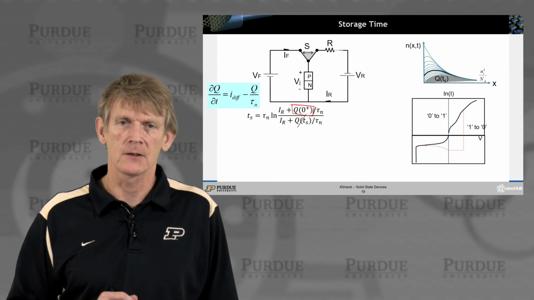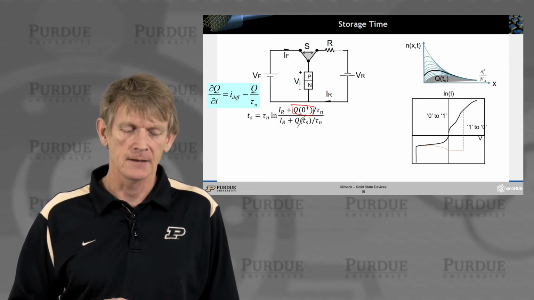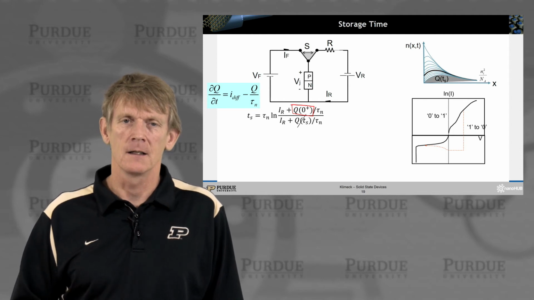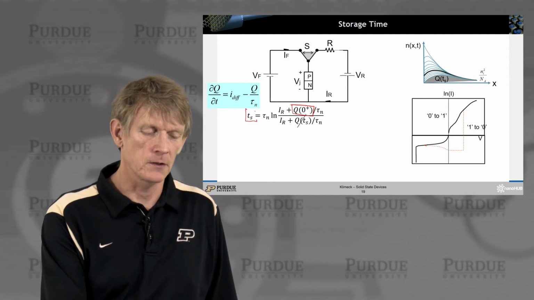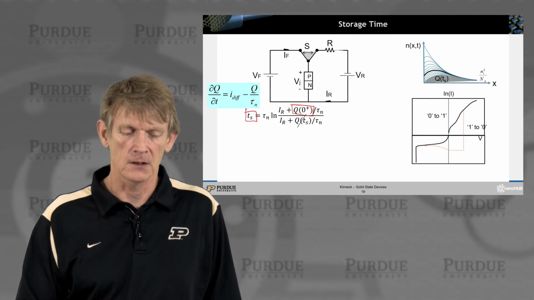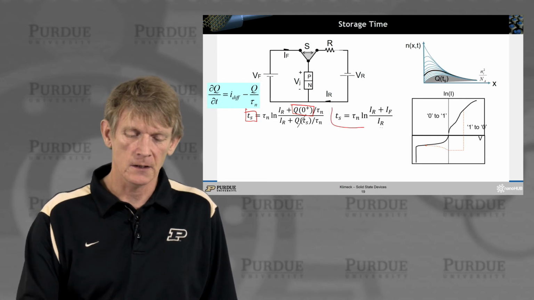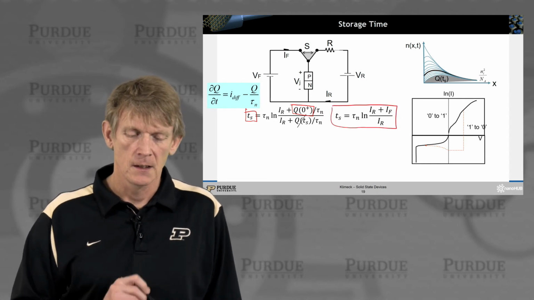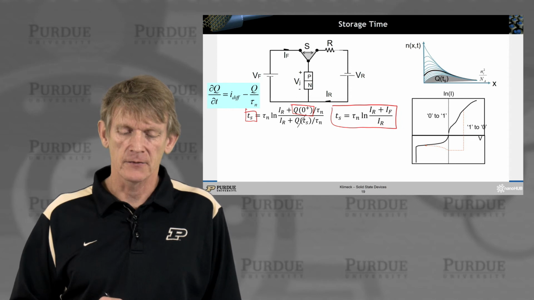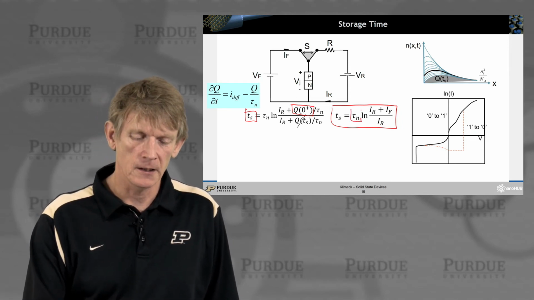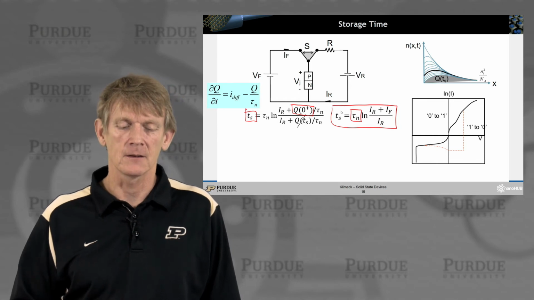So we cancel out this term in the expression, and that determines the time Ts at which this occurs. That's our boundary condition that we apply. So we now have an expression for the storage time, which is IR plus IF over IR in the log, and then the minority carrier lifetime enters like this.